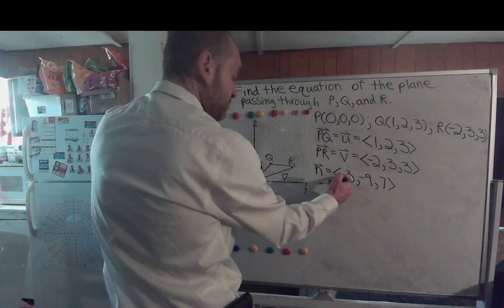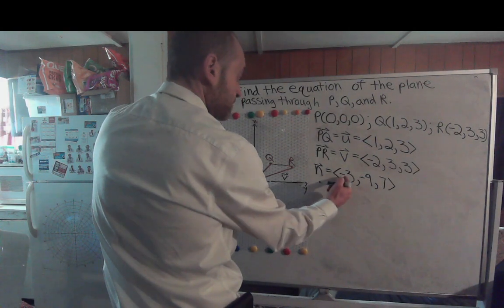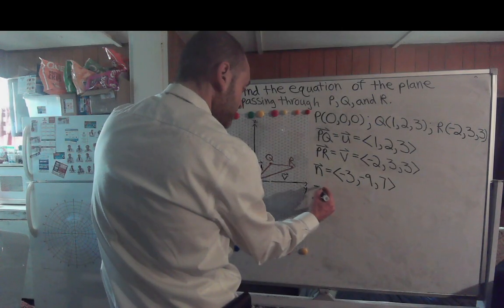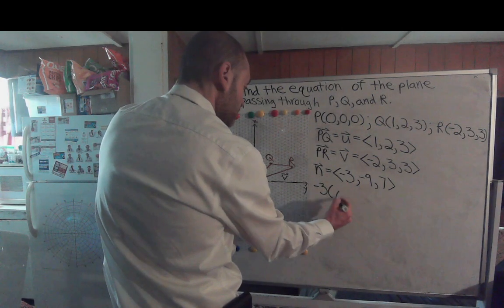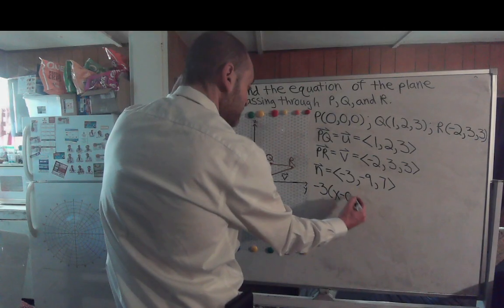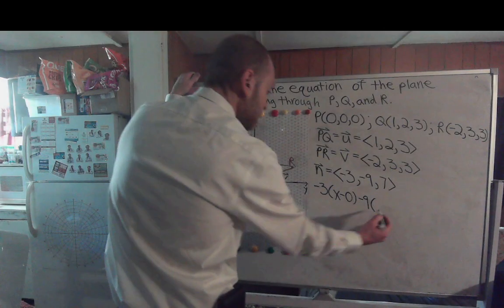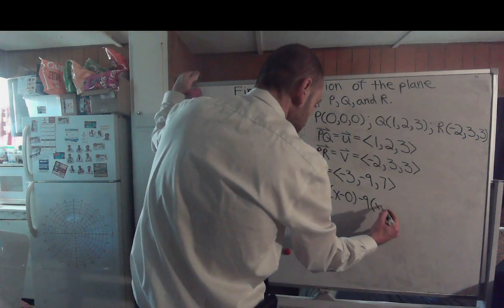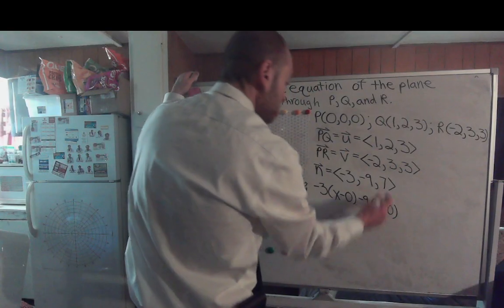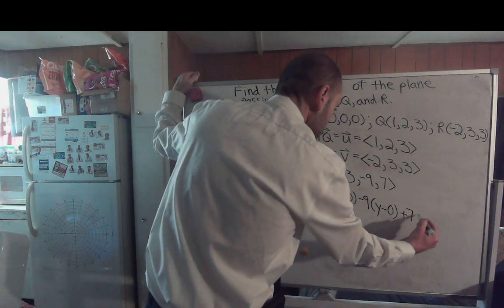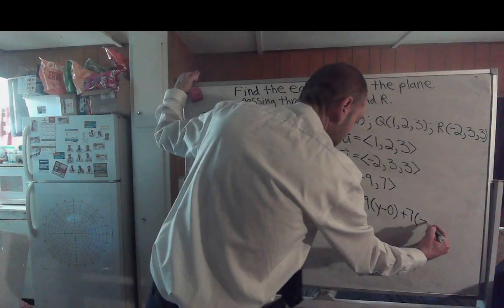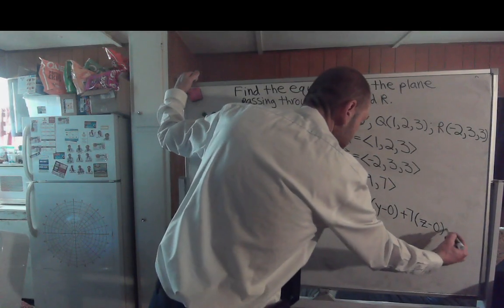So we'll take our direction numbers from the normal vector: negative 3 times the quantity x minus 0, plus negative 9, so minus 9 times y minus 0, plus 7 times z minus 0. All that's equal to 0.